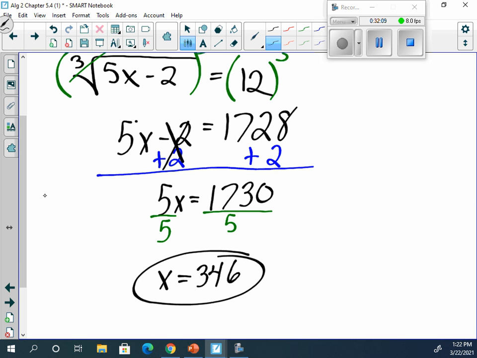And that's it. So with these cubed roots, it's not any different than what we did with the square root, except we have to cube both sides instead of squaring. Any other questions on these here?